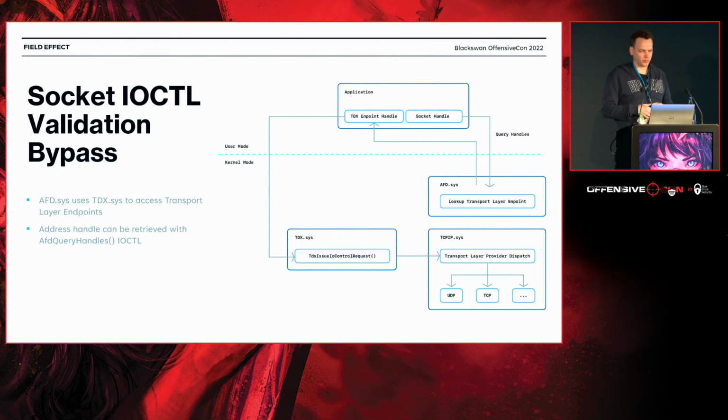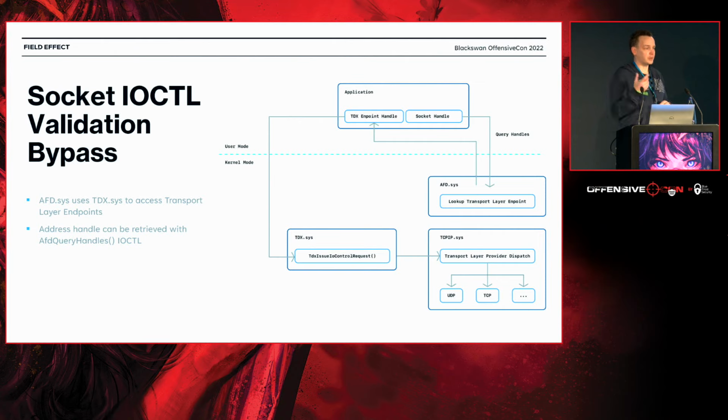But what I did find out was that if you use some of those different options I was talking about earlier, depending on how you create the socket, the kernel endpoint for the socket will have handles associated with the transport layer driver and the endpoint, and the transport layer endpoint can be associated with the socket.